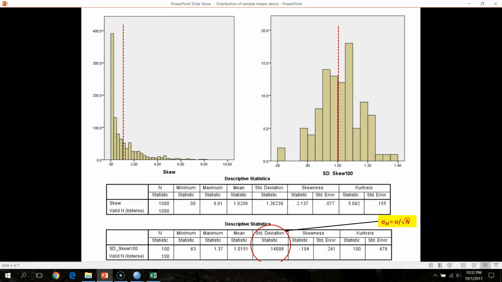Okay, and so this works well for a population with a normal distribution, but even when we take a look at a distribution of scores with a very, very skewed distribution, again, our population mean in this skewed distribution is 1.02, and the mean of our distribution of sample means of sample size 100 is 1.02 essentially. Again, our standard error, or standard deviation of the distribution of sample means, is almost perfectly on top of what we would expect if we were to calculate the standard error based on our population parameter.